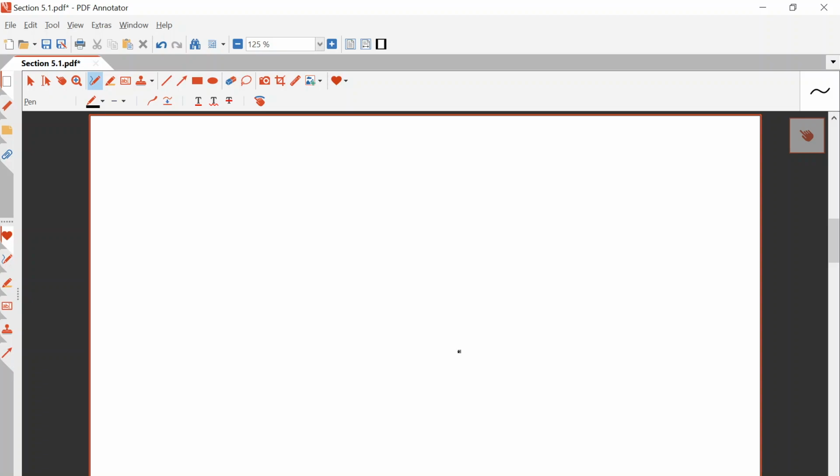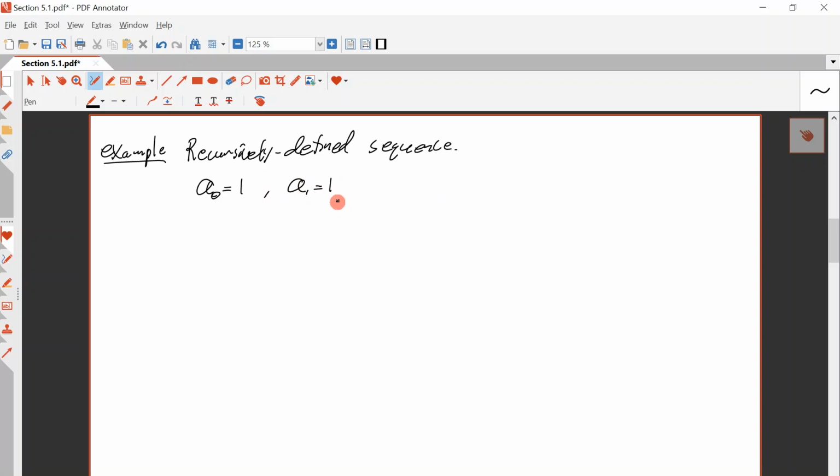Here's an important type of sequence. It's called a recursively defined sequence. All right, so with a recursively defined sequence, we'll call it AN. We'll say A0 is 1. A1 is 1.